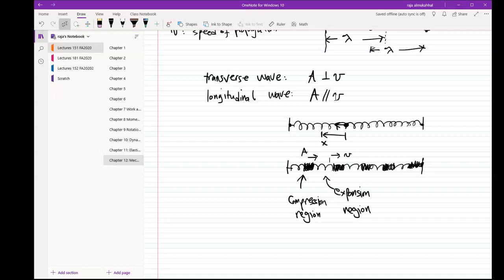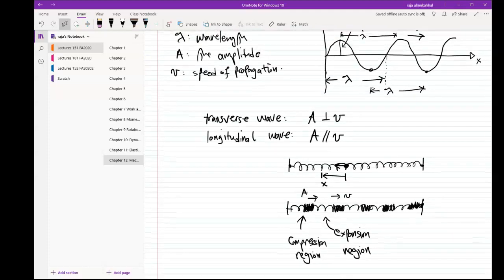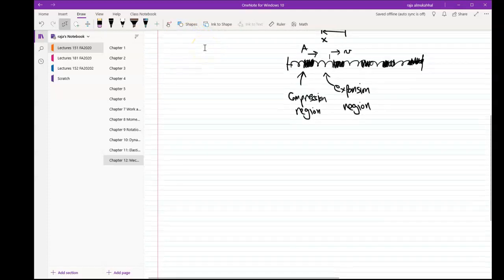So let's go back to where we started. We said that the wave, and of course the longitudinal wave, has a wavelength just like a transverse wave. But we will be concentrating in this chapter on transverse waves. Now there is a relationship between the velocity of the wave and the wavelength, and that is given by this famous relationship. You've probably seen it.